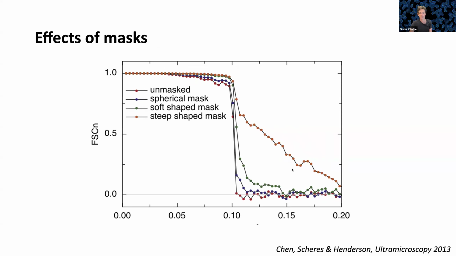So by using softer and softer masks, you can mitigate that overfitting. This is why you don't want to be using a 2-pixel soft edge on the mask that you're using for refinement. You want to use something that is a bit broader, that will not show such severe artifacts from the mask edge.